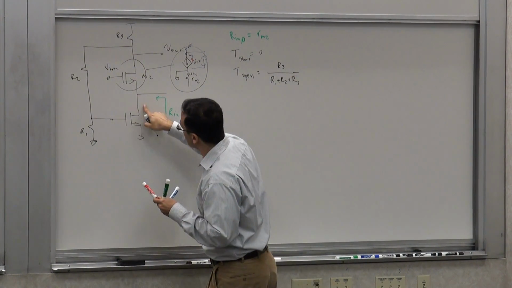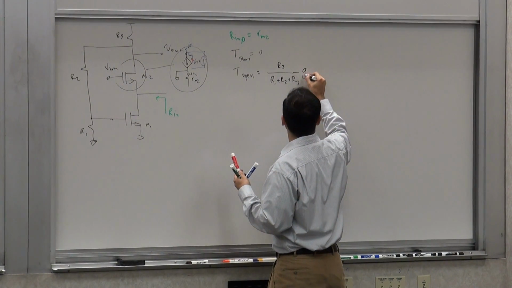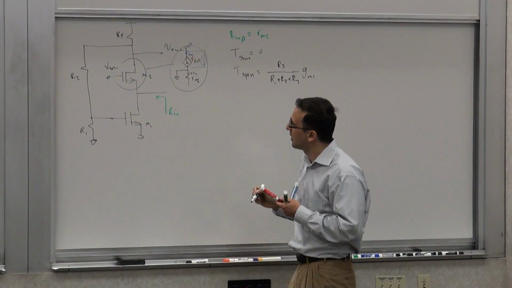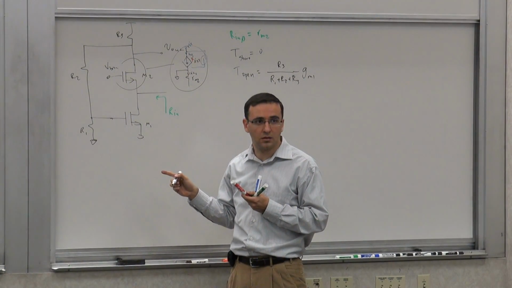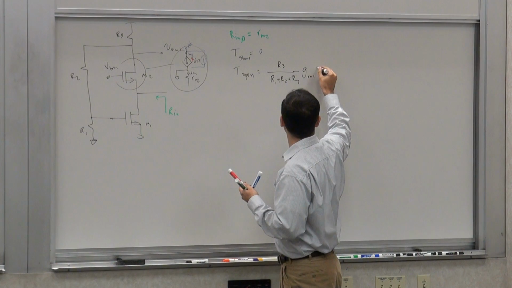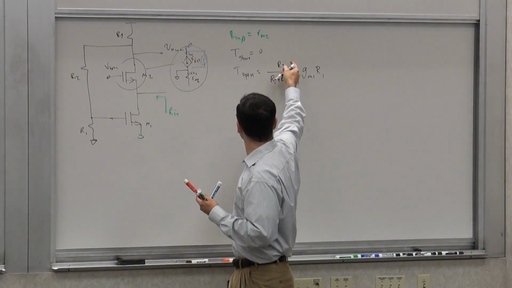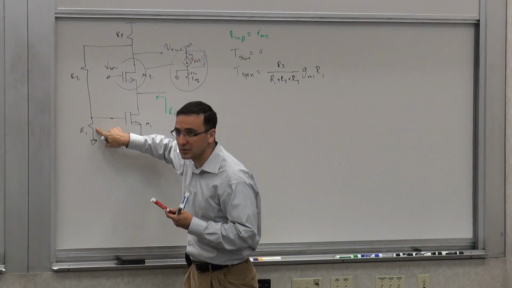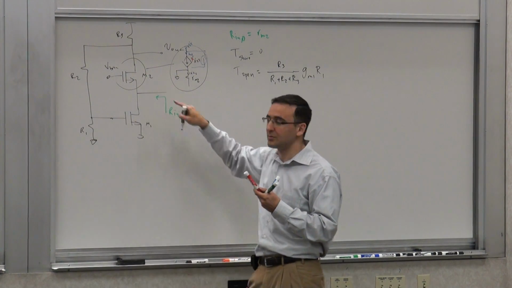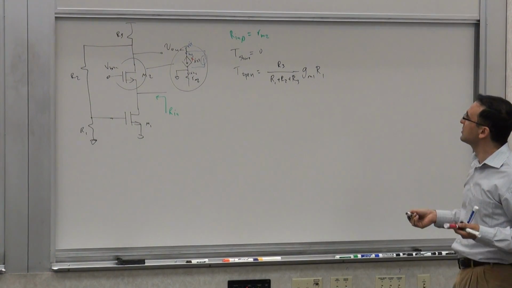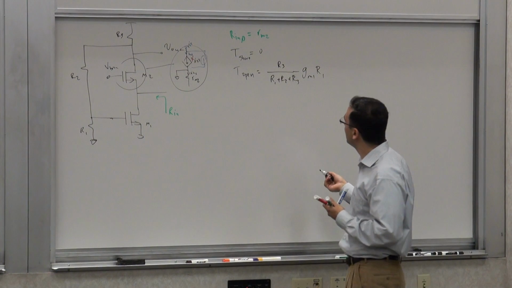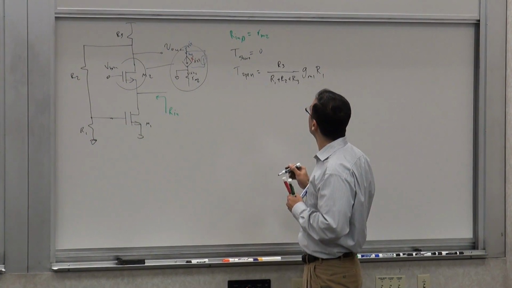Then this voltage goes by the factor of GM1 here, times R1, right? GM1, R1. This is the current ratio. This times this resistor gives me the voltage here, times GM gives me the current again. So that was the return ratio that we had calculated before. Just redoing it here.